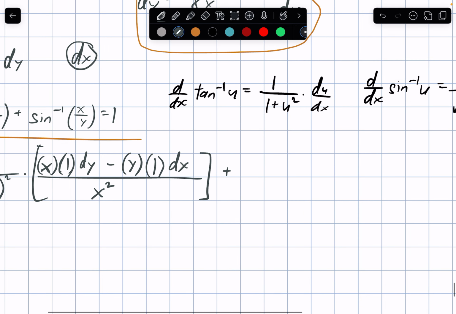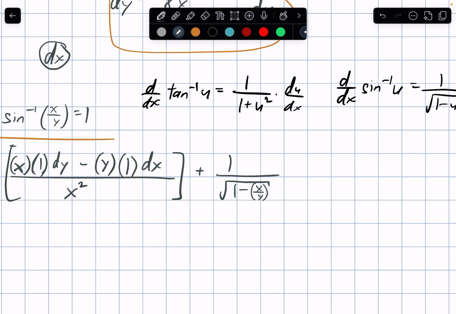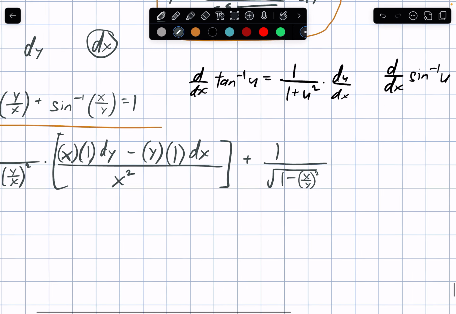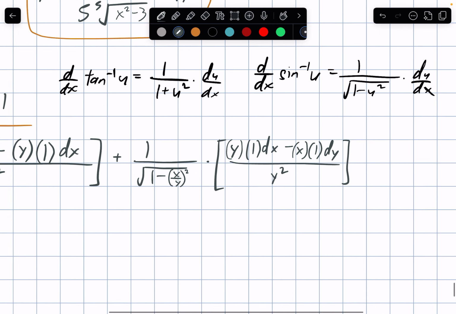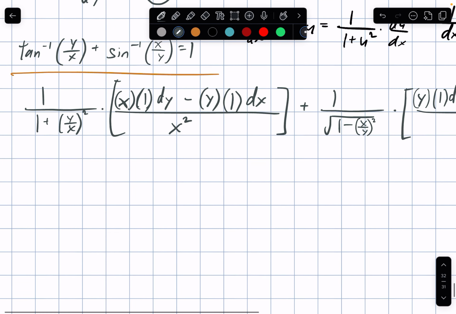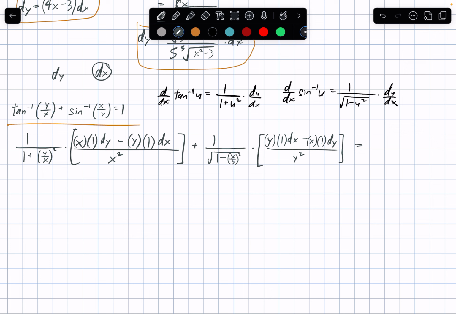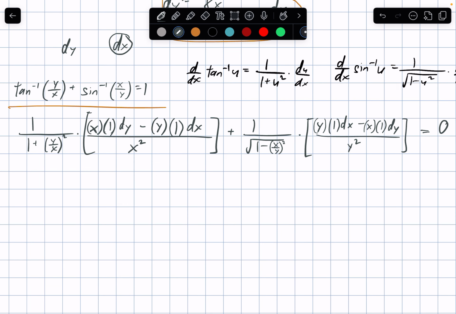Other side. And then derivative of 1 from the right side is 0. Let's further simplify.